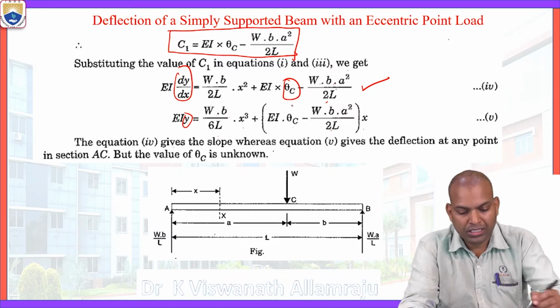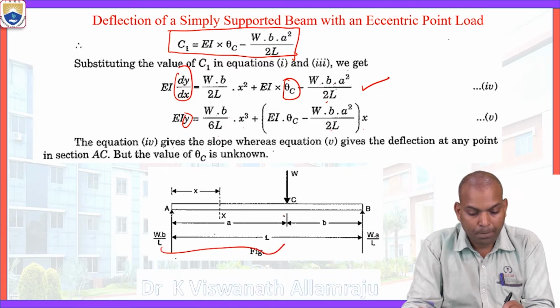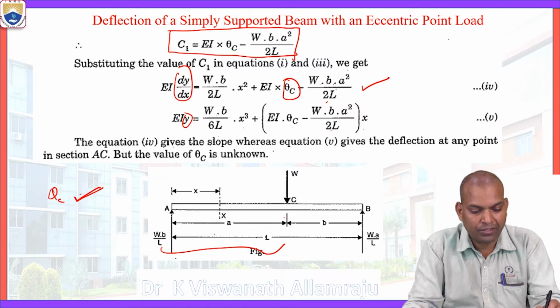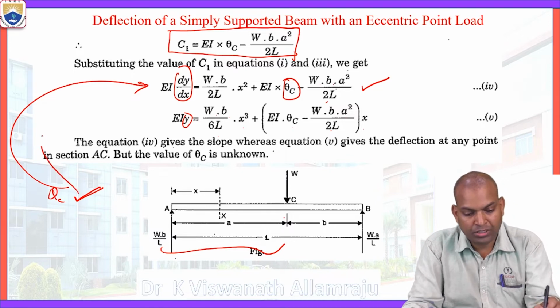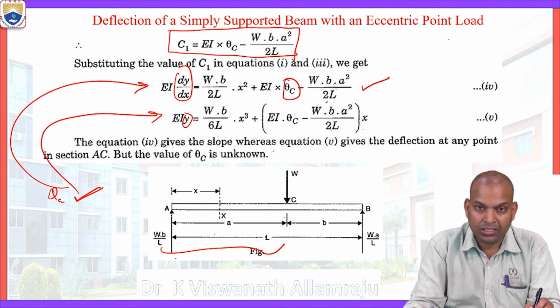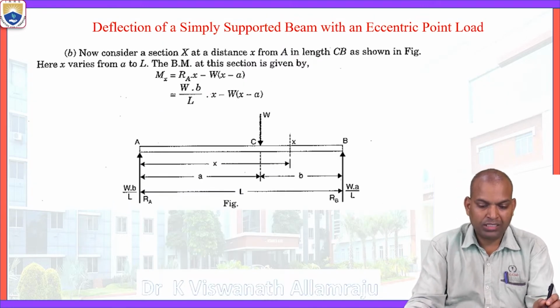But the value of theta c is unknown here. If we know the value of theta c, after substituting it in equation 4, the slope can be observed, and after substituting theta c in equation 5, the deflection can be calculated across the length span AC.